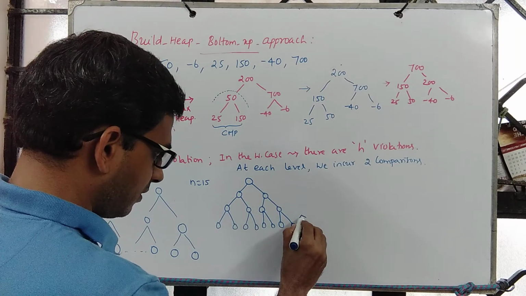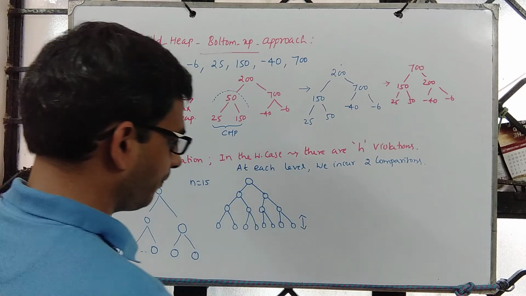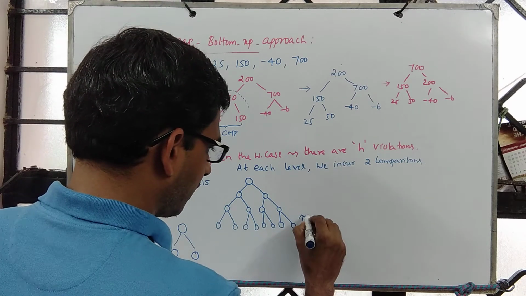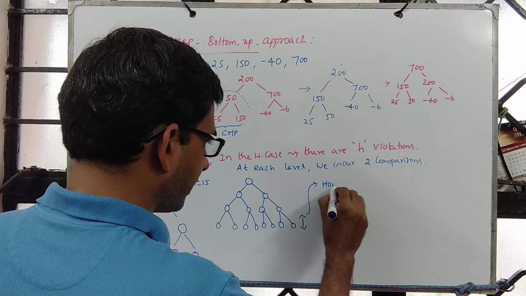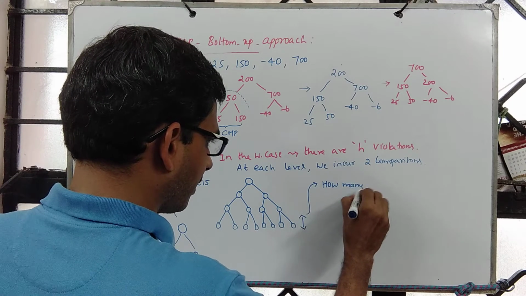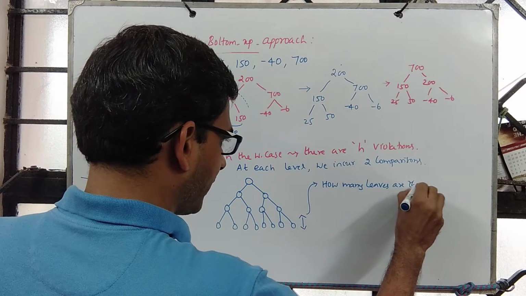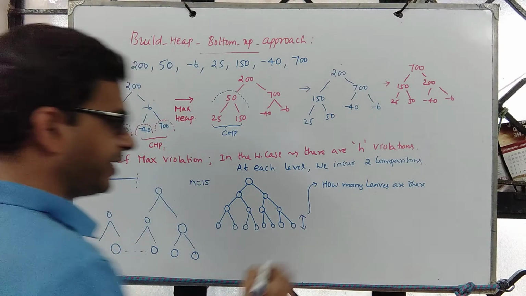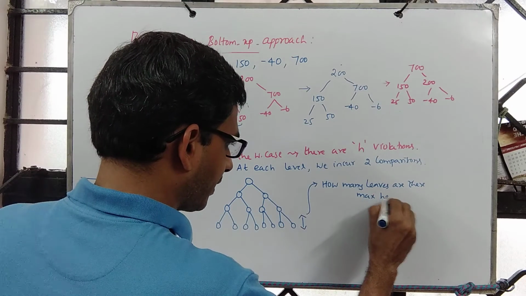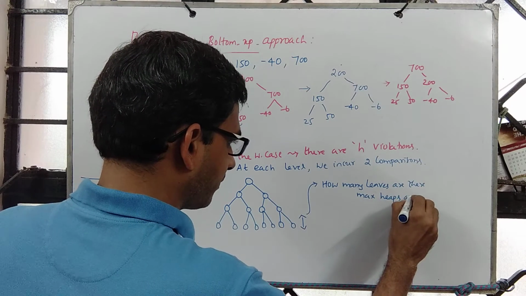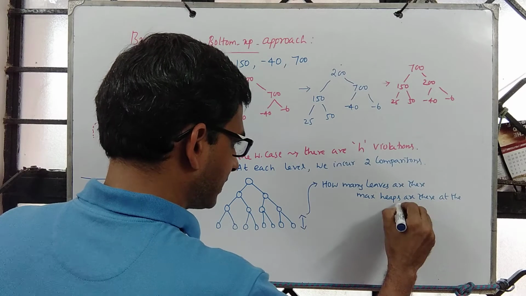Now this one, this last level alone, our first question is how many leaves are there, or equivalently how many max heaps are there at the last level.